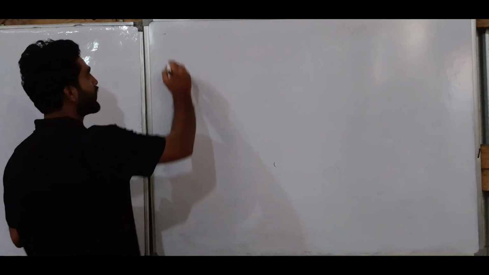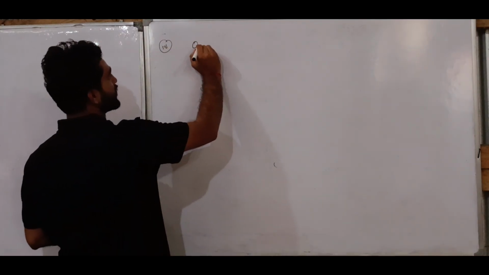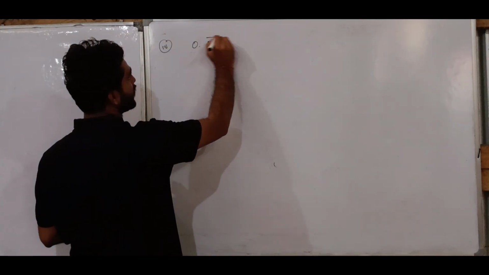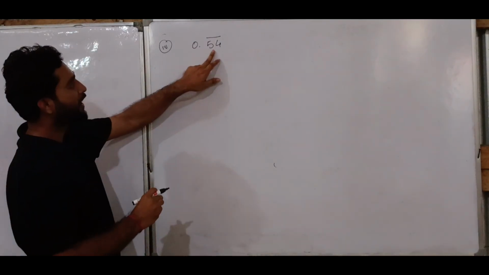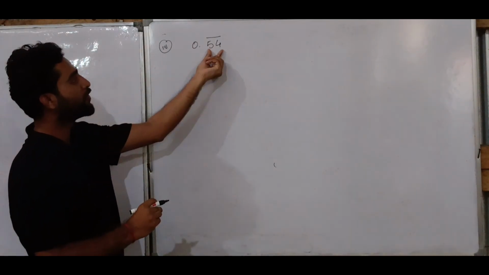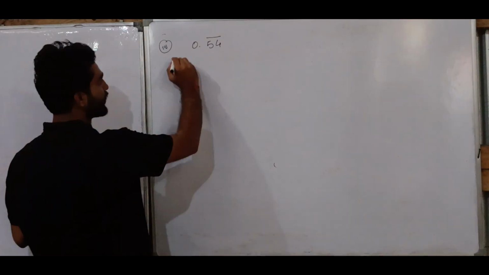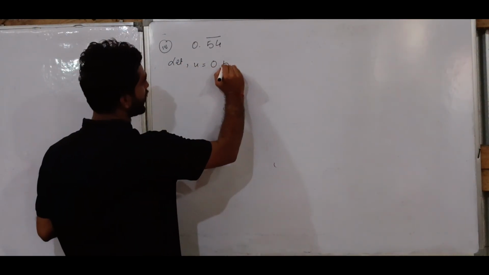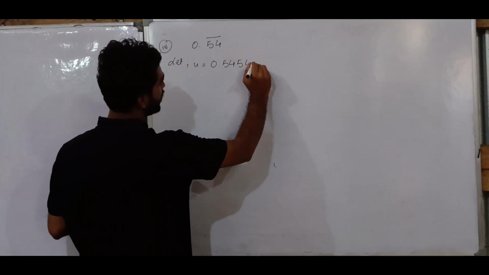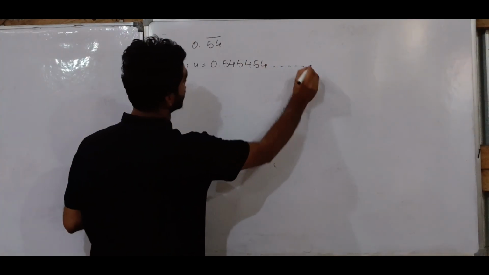Now see the next question. Next question is 0.54 bar. So here both the digits, 5 also and 4 also, both the digits contain bar. So let x is equal to 0.545454 like this.